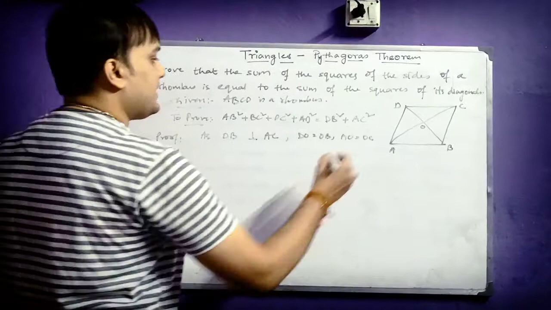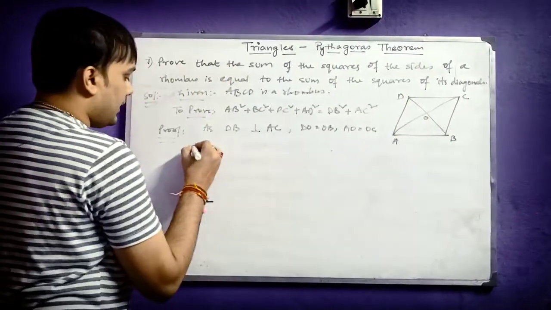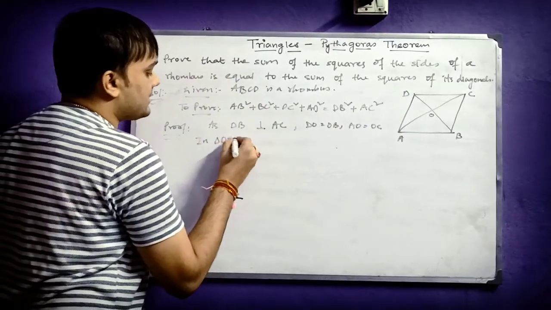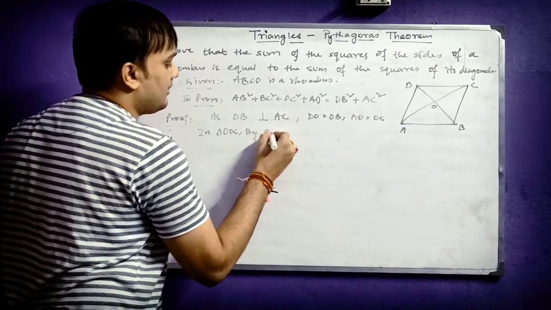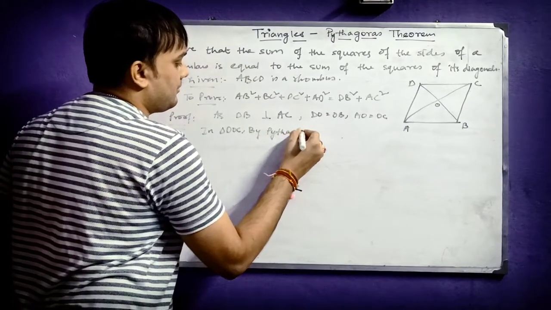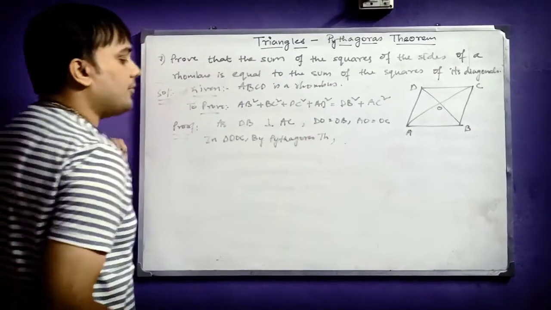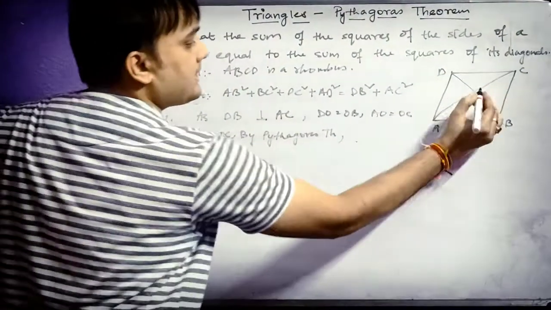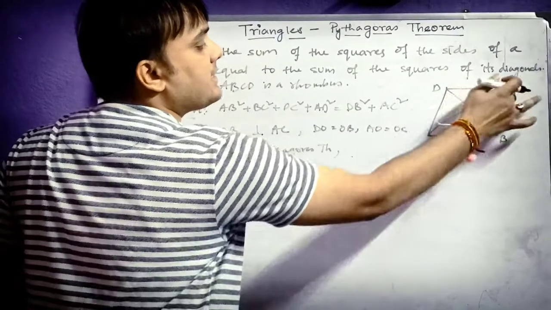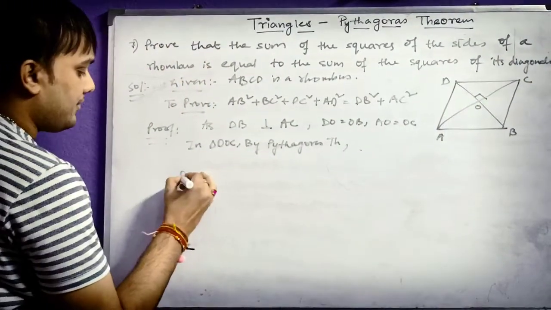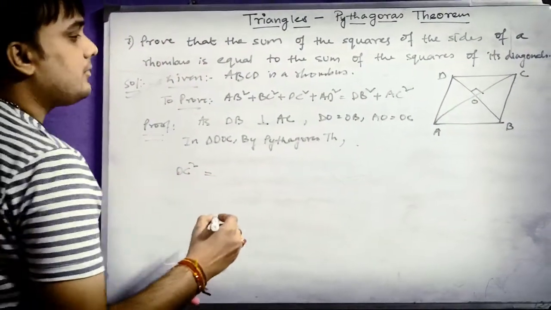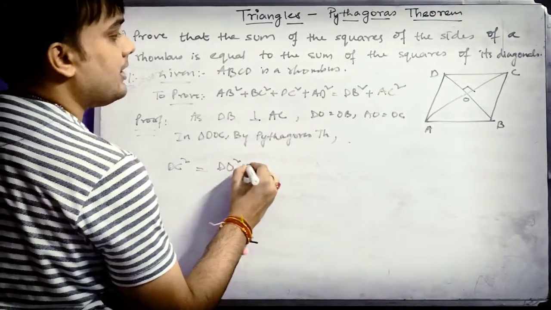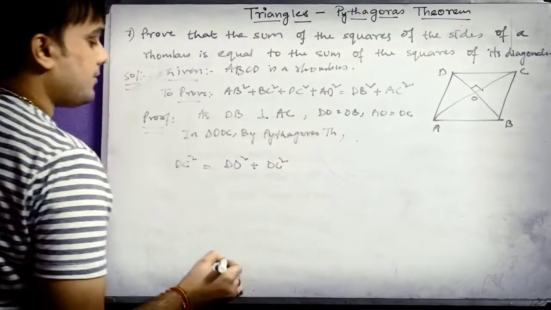Now, by Pythagoras theorem in triangle DOC, this is 90 degrees, so definitely DC is the hypotenuse. So we have DC square equals DO square plus OC square.